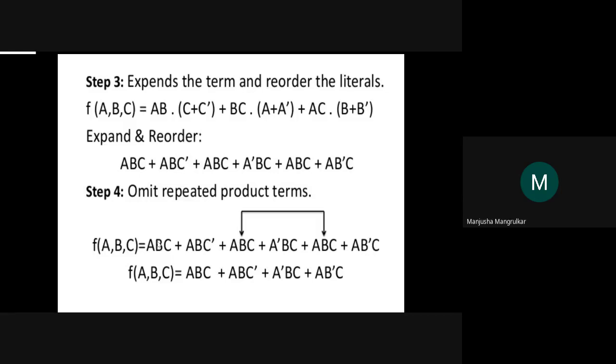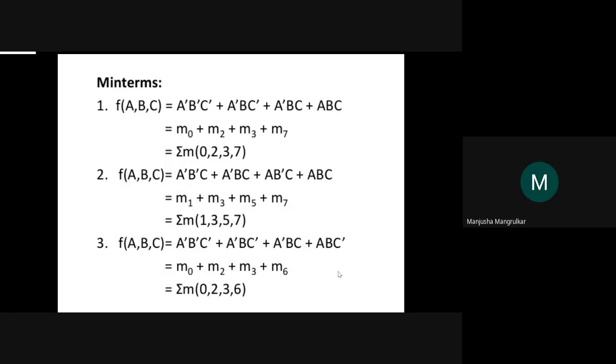These are the repetitive terms, so they are removed as we have seen: A or A is equal to A. So ABC or ABC or ABC is equal to only ABC. So the final standard form of sum of products is ABC or ABC complement or A complement BC or AB complement C. Now what is the min term of this, right?